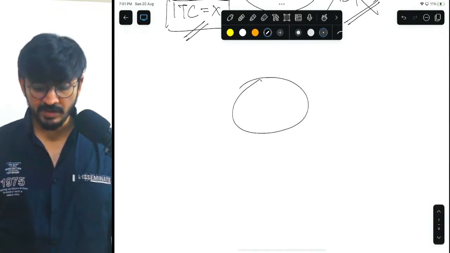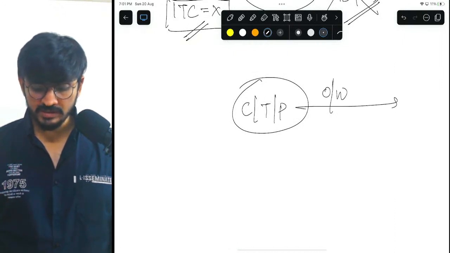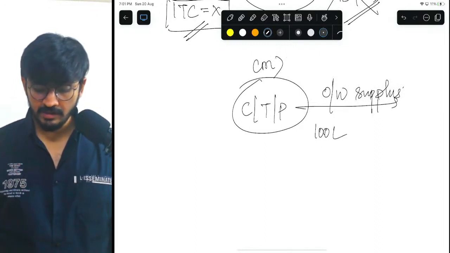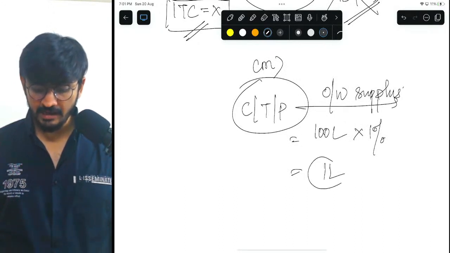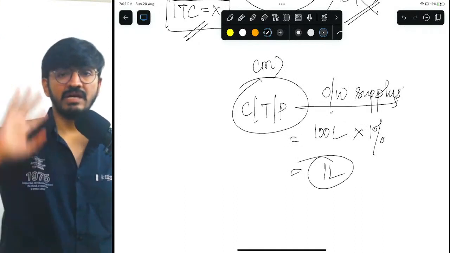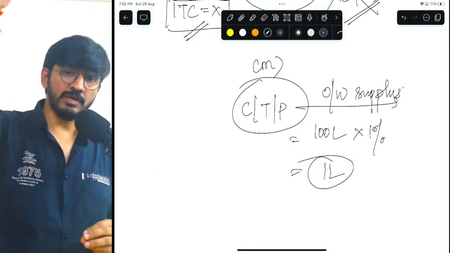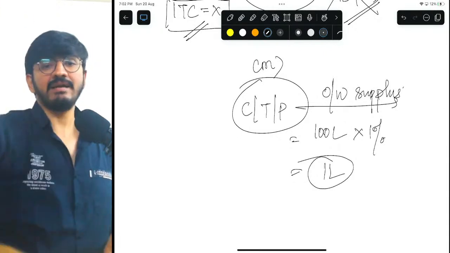As a compo taxpayer, understand one very simple thing. Whatever my outward supply is, let's say it is 100 lakhs, and let's say I'm a manufacturer, I will multiply by 1%, that is 1 lakh, and I will pay that in cash. I will transfer that money from my bank account to the e-cash ledger and accordingly pay it. As simple as that.